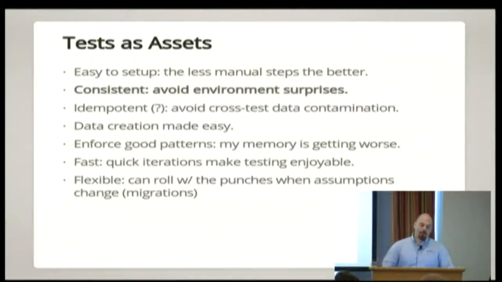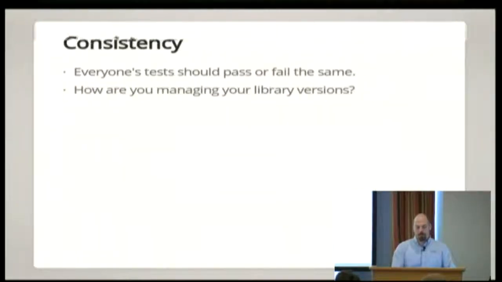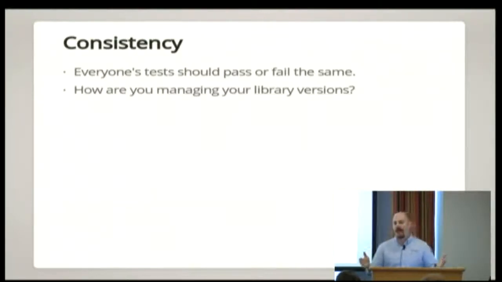So what else can we do to make tests our assets? We can be consistent and avoid environment surprises. I talked a little bit about this. We want everyone's tests to pass or fail the same. In my experience, the biggest issue here has been library versions.